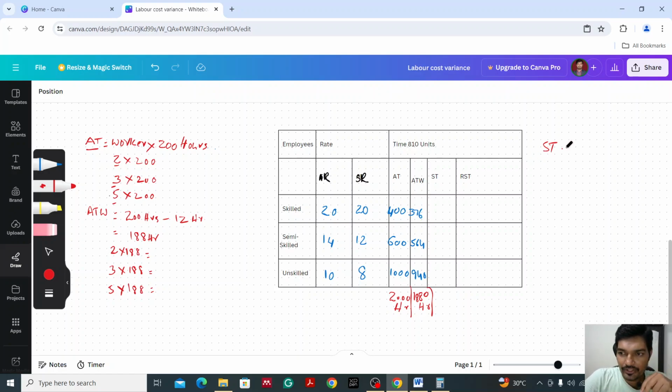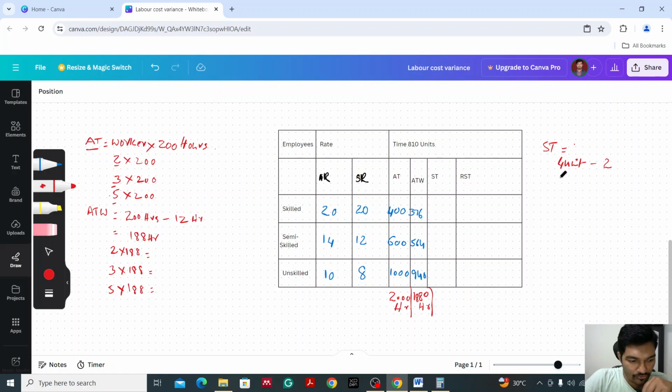The standard units: according to the standard, we know that 2 workers were used, 3 workers were used, 5 workers were used. So for 4 units in the standard, 2 workers are used, right?